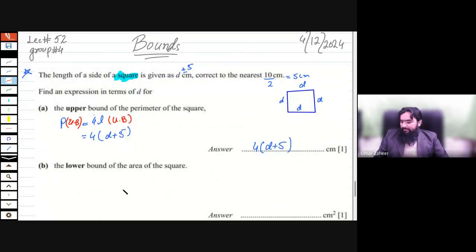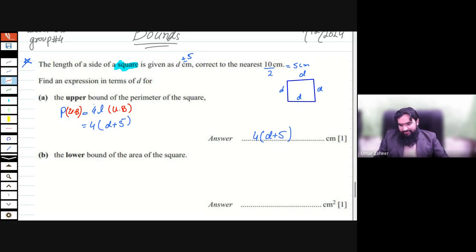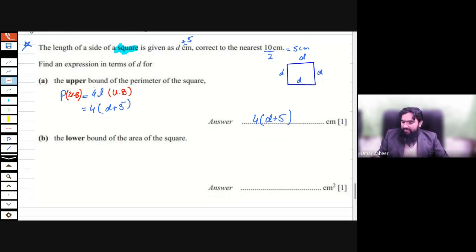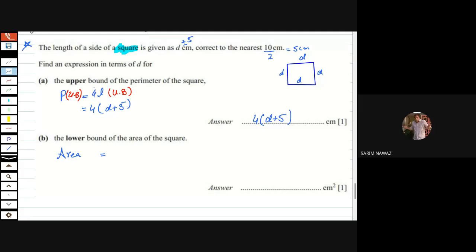Now we have to find the lower bound of the area of a square. Can you please tell me what is the formula for the area of a square? These are very basic formulas. Area of a square: length into length.